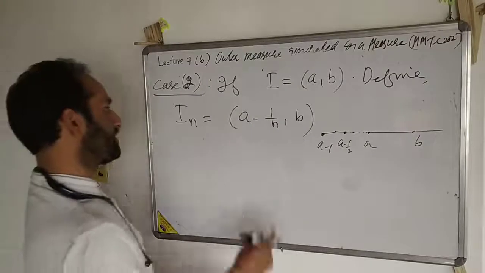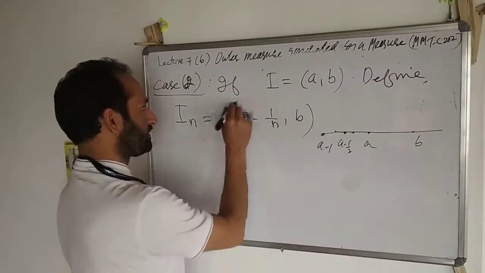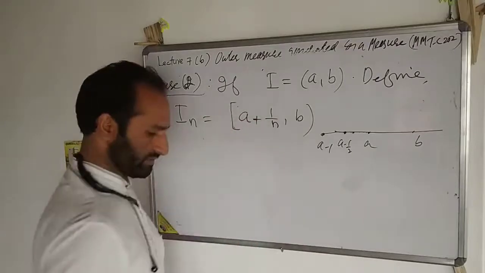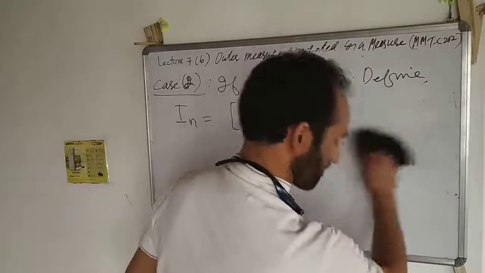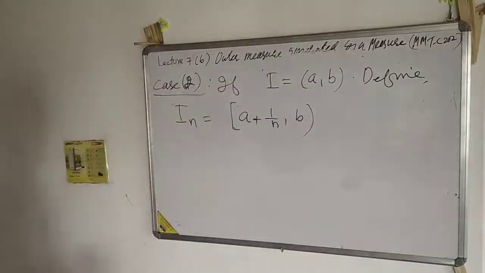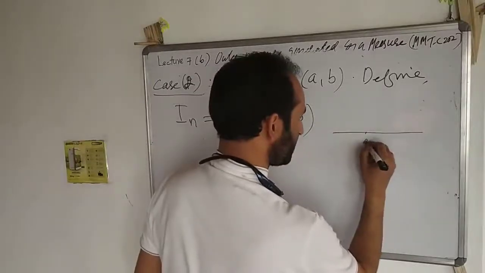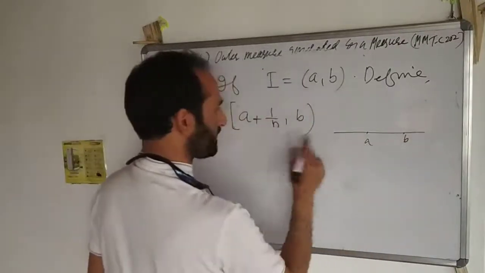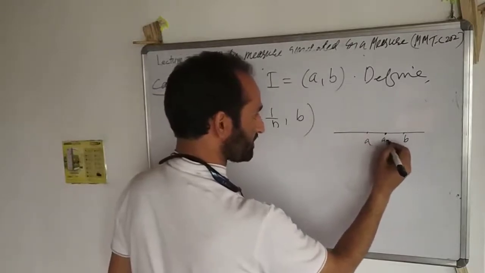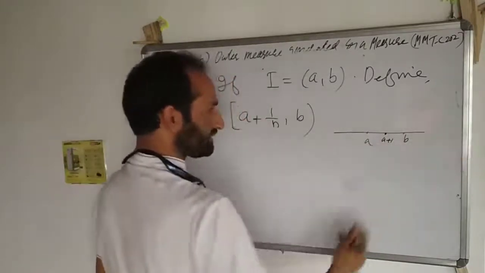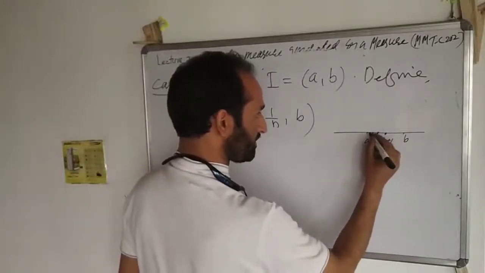So let me write here. Let's take a + 1/n. This is a, this is b, and for n equal to 1, it's a + 1. So suppose a + 1 is somewhere here. It hardly matters. Then a + 1/2, a + 1/3, a + 1/4.